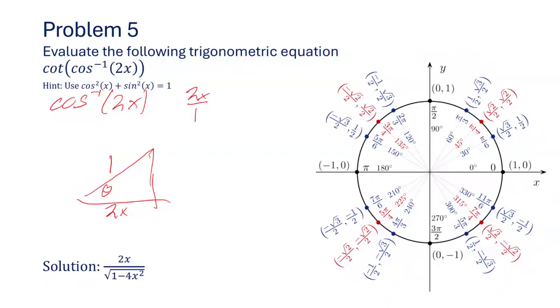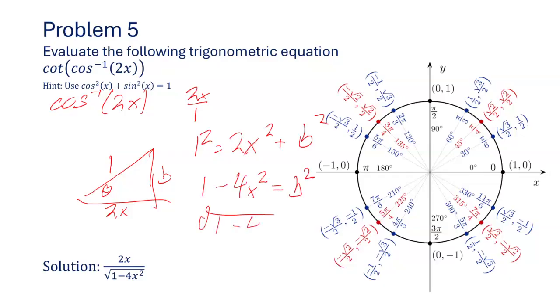And we can just use the Pythagorean theorem. We know that 1 squared equals 2x squared plus, call it b squared. Then we just solve for b. So we have 1 minus 4x squared equals b squared, and we'll have the square root of 1 minus 4x squared equals b.